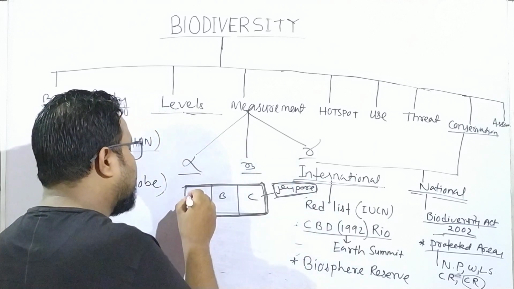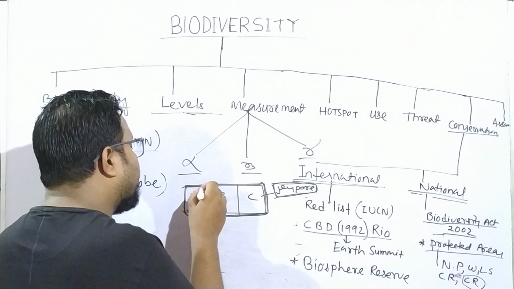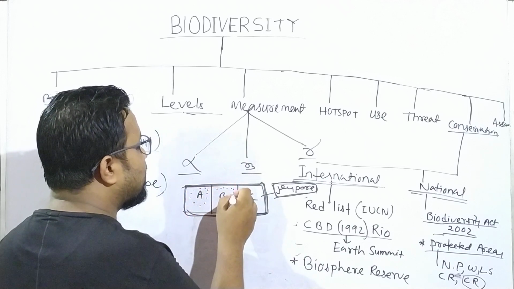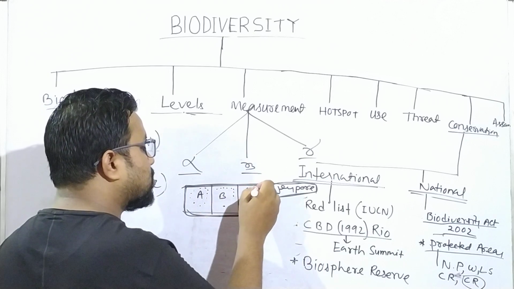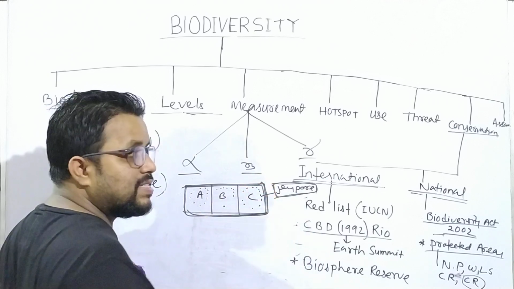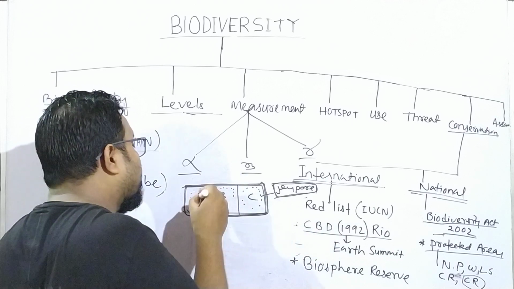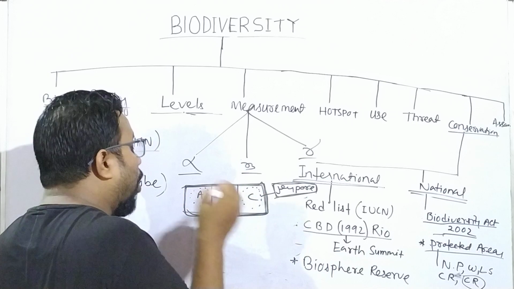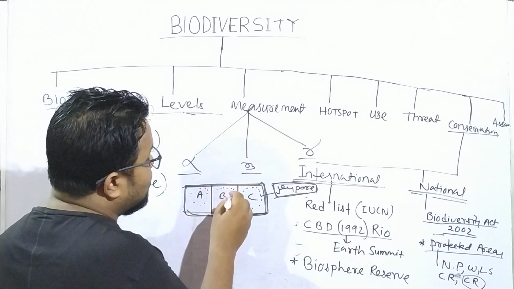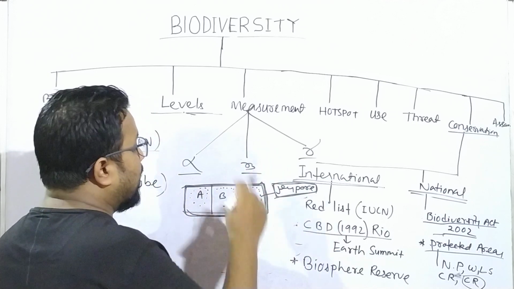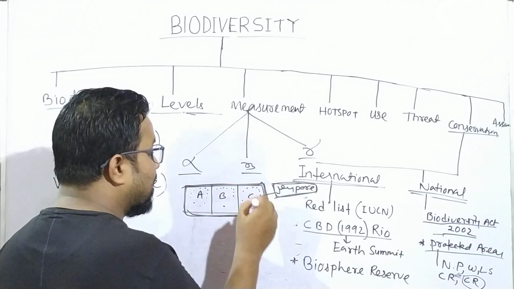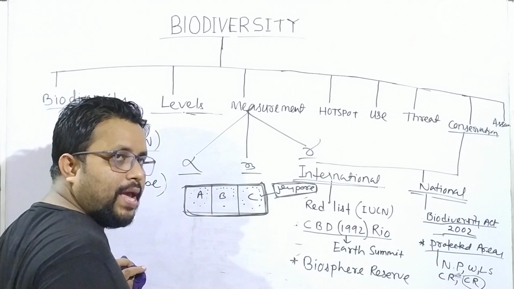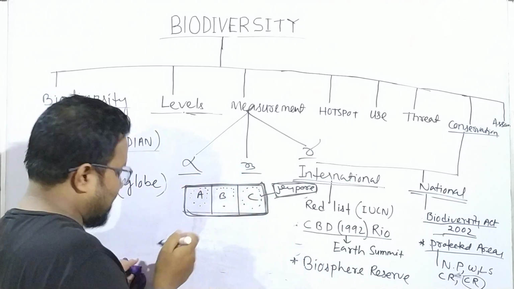Now, if I consider the number of species present in portion A, or in portion B, or in portion C individually, that measurement is called alpha. What is alpha?